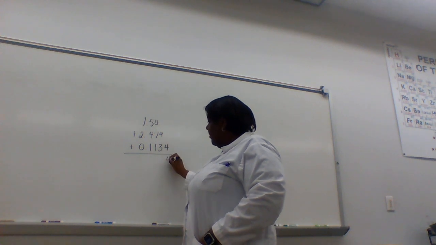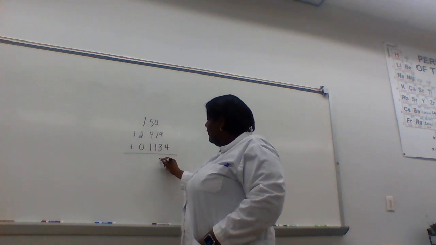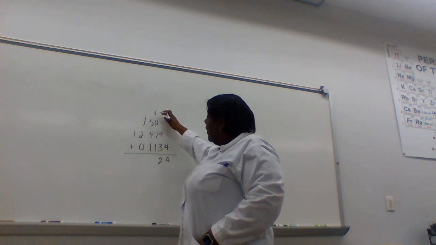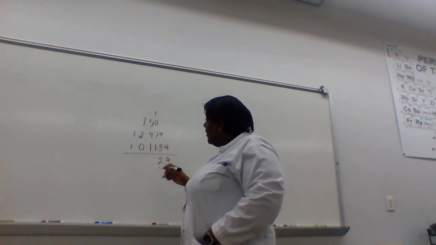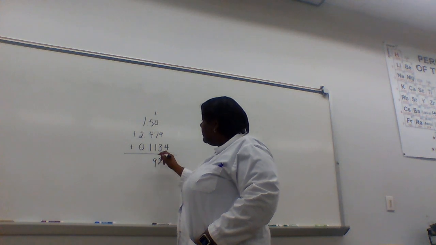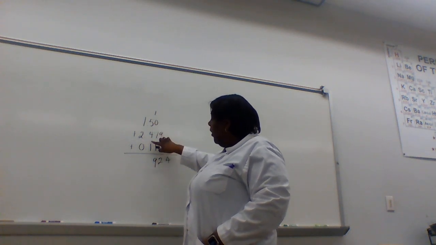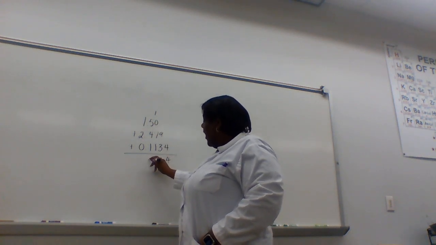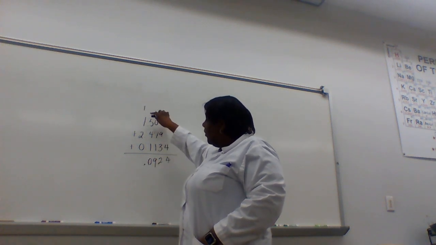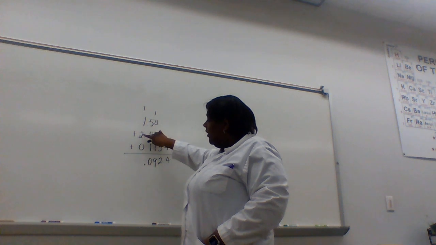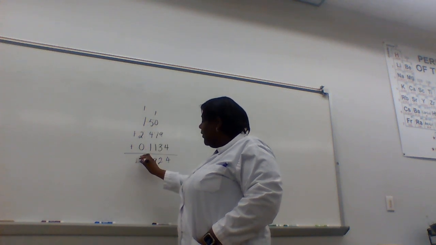So there's nothing here but a 4. 9 plus 3 is 12. 1 plus 7 plus 1 gives me 9. 5 plus 4 plus 1 is 10. So I have a 0, and I carry my 1, bring down my decimal point. 1 plus 1 plus 2 gives me 4.